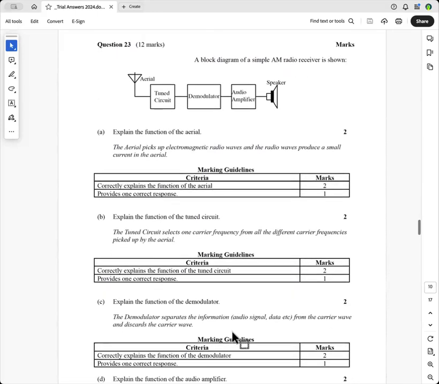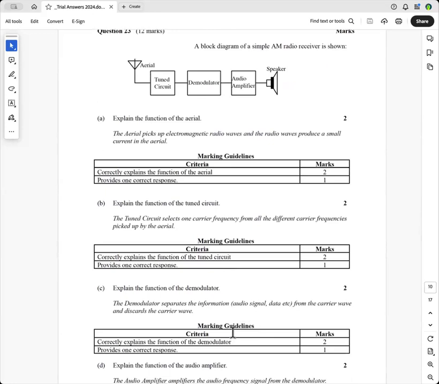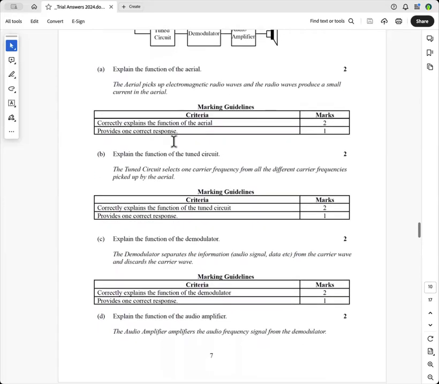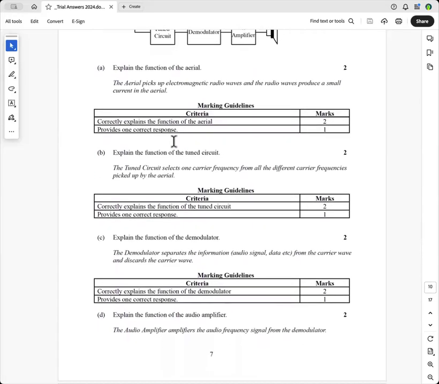Next question, question 23, explain the function of the aerial. Most of you got 1 mark for this because you didn't say it produces a small current in the aerial. When the electromagnetic wave hits an aerial, it induces a small electric current in it. Explain the function of the tuned circuit. Now, if you can get the tuned circuit on the same frequency as a carrier wave that you're after, you will tune in to that frequency.